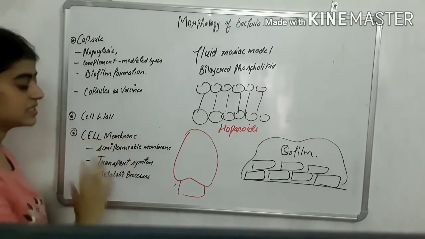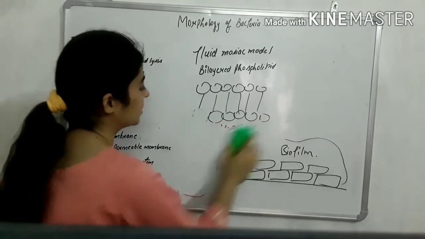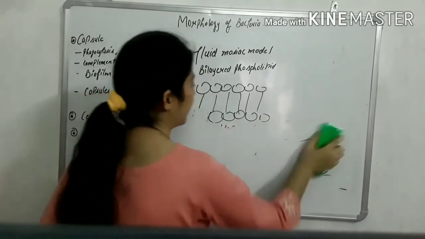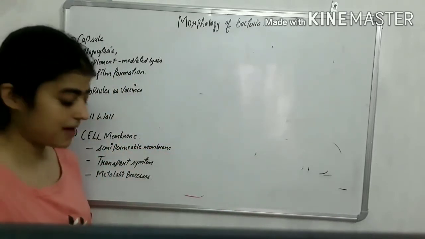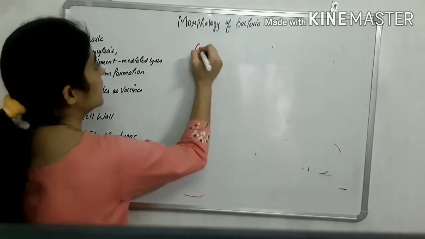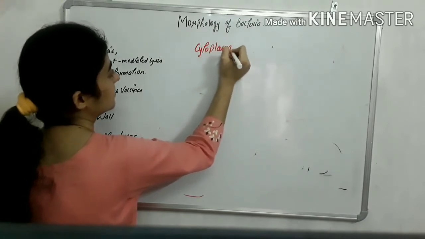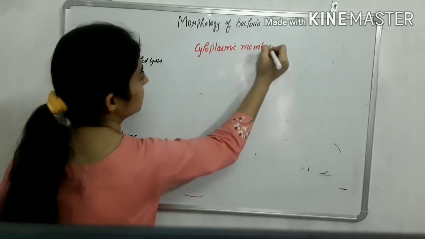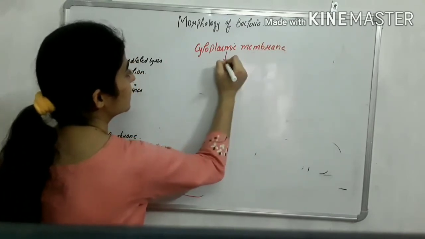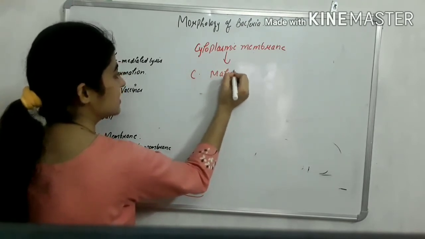Next to the cell membrane, we have the cytoplasmic membrane that encloses the cytoplasmic matrix. Inside the cytoplasmic membrane, the cytoplasmic matrix is present.